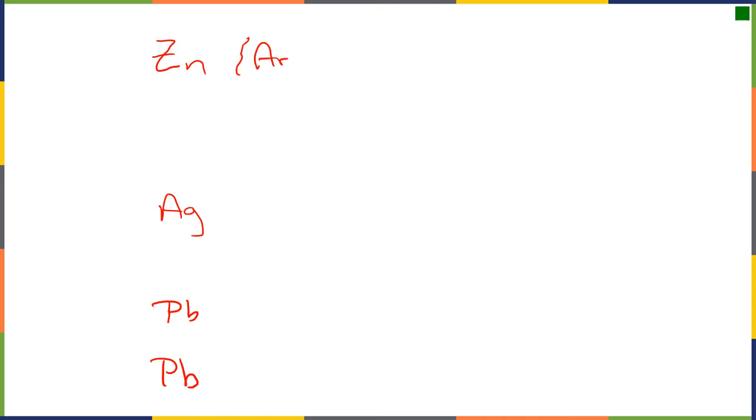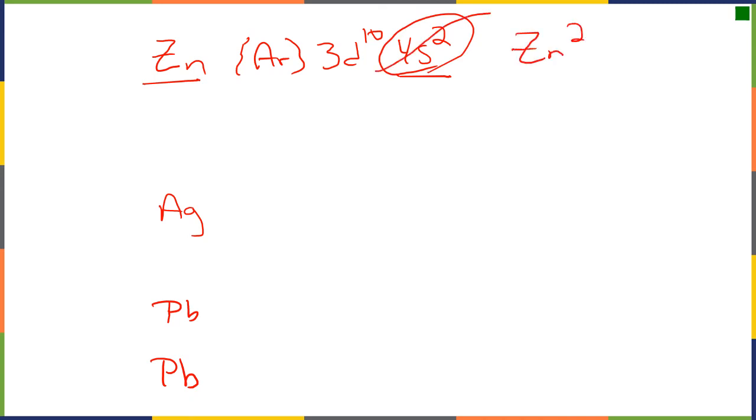Zinc, as we go across the periodic table, is argon 3d10 4s2, and I've already put the valence electrons on the outside. We always put the valence electrons on the outside because when we ionize it, this is a metal, it loses electrons. We're going to lose the valence electrons, and we're going to make zinc 2 plus, and it's going to be argon 3d10.